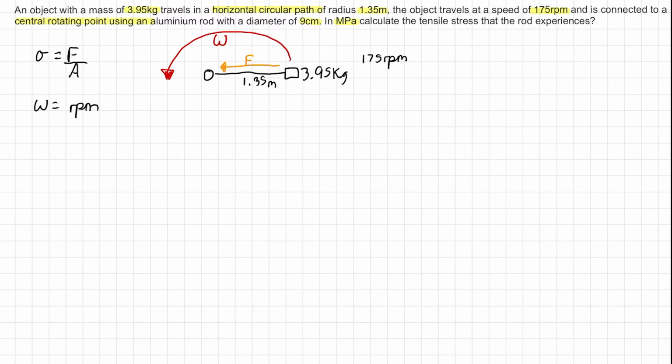So omega equals your RPM times 2 pi, which is a full circle, over 60, which is seconds, so that will give us our radians per second.